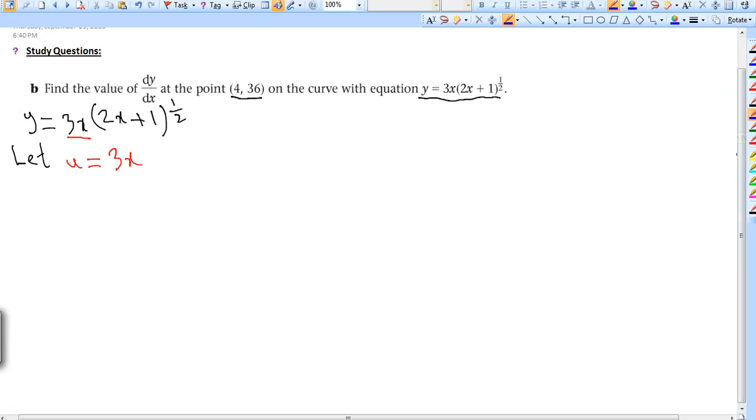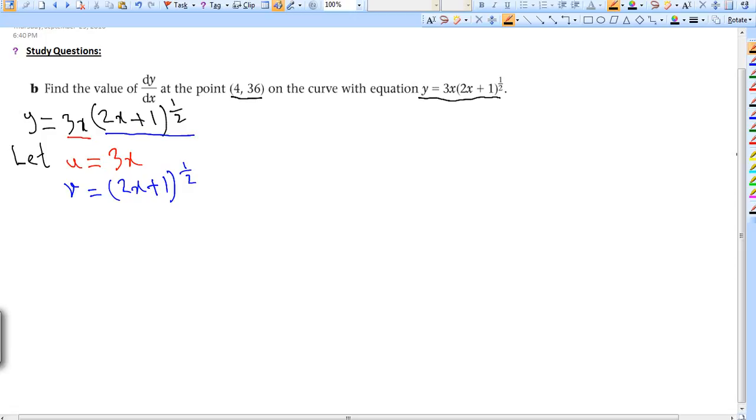Now let us let this part be v, (2x plus 1) to the power half. So we have broken the expression into two parts. This part is u and this part is v.